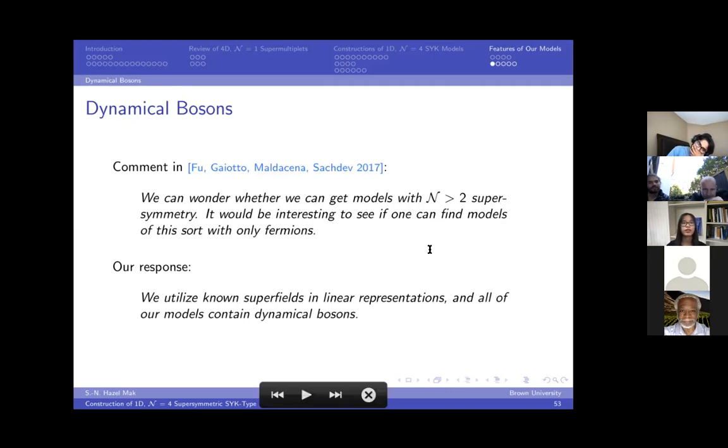They wonder whether there are models with n bigger than 2, for example n equals 4 supersymmetry, of this kind, where you only have dynamical fermions but no dynamical bosons. Our response is that so far, in all of our models, we actually have dynamical bosons in it.